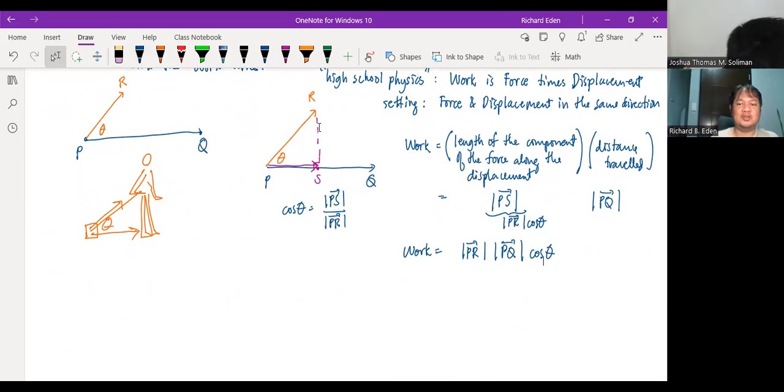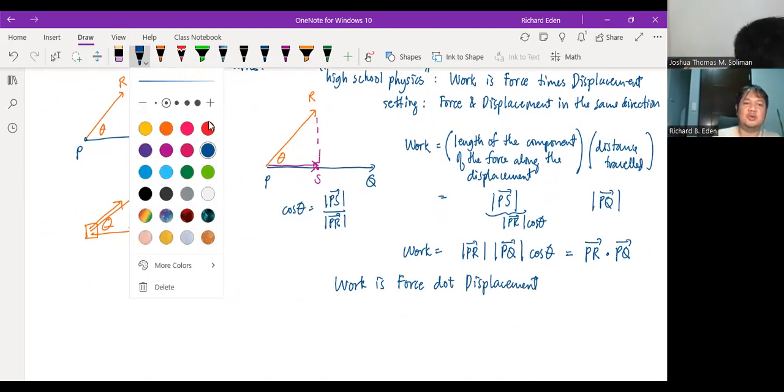Two vectors, we took their lengths and multiplied by the cosine of the angle between them. In other words, this turns out to be PR dot PQ. And so in other words, work is force dot displacement. So that's why.